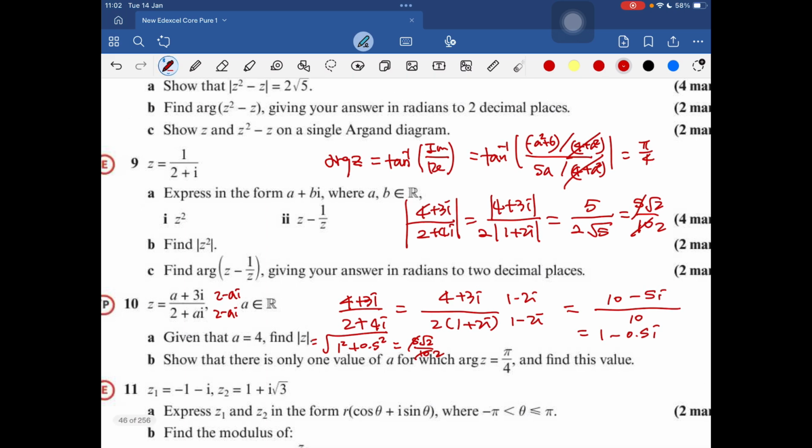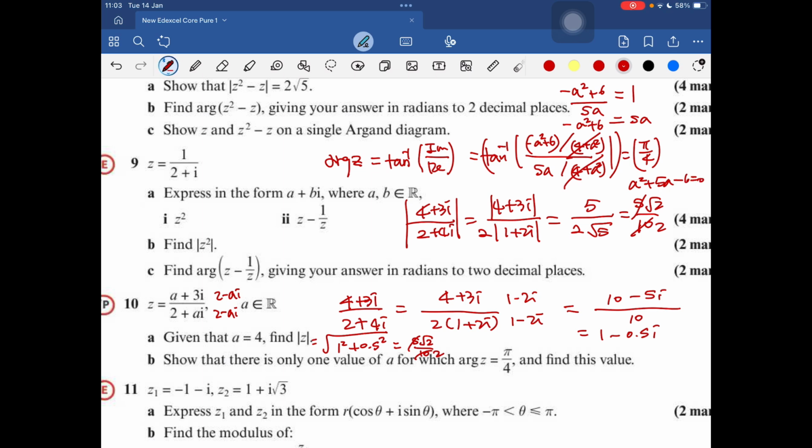So tangent pi over 4 equals, we can apply tangent on both sides. Tangent pi over 4 equals 1, and that equals negative a squared plus 6 over 5a. So negative a squared plus 6 equals 5a. A squared plus 5a minus 6 equals 0.